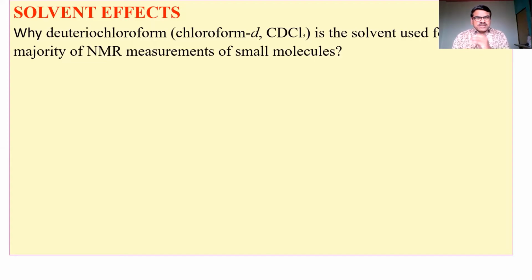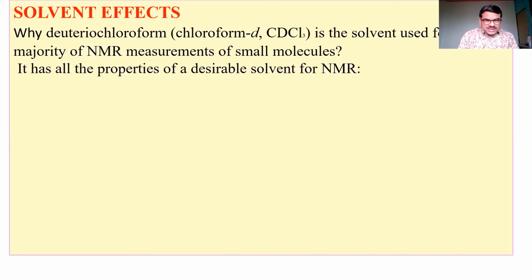Generally in NMR spectroscopy, a hydrogen-free solvent is used, and one such solvent is deuteriochloroform. Now why do we have to use it? Because it has certain properties which are desirable for a solvent in NMR spectroscopy.